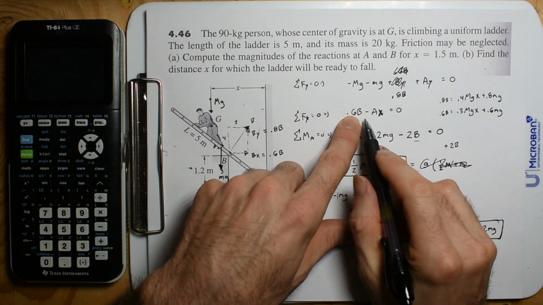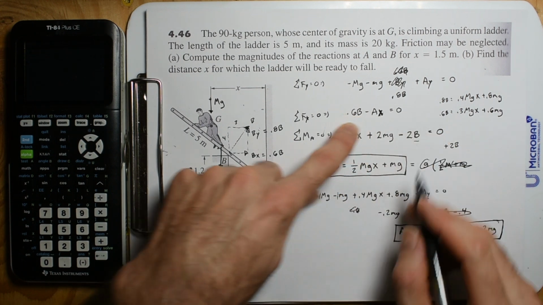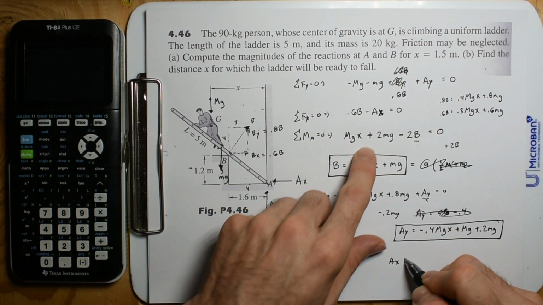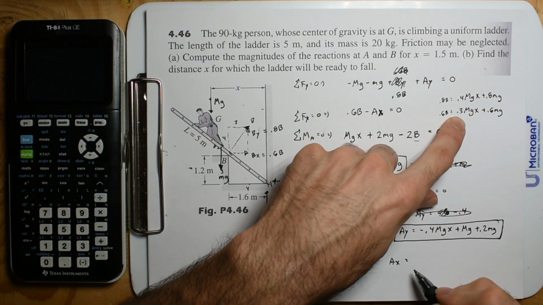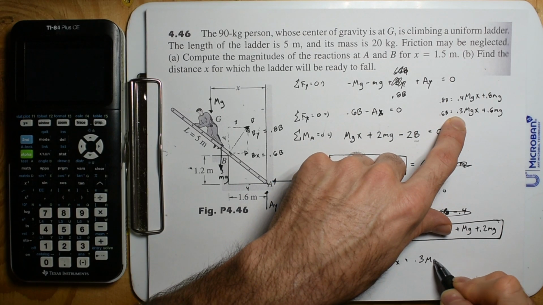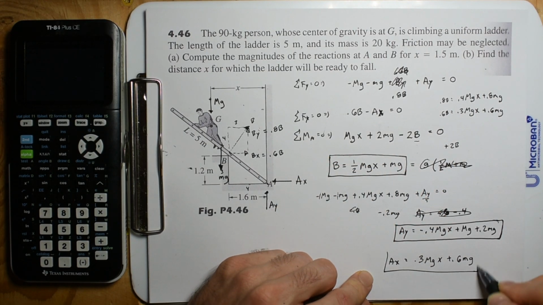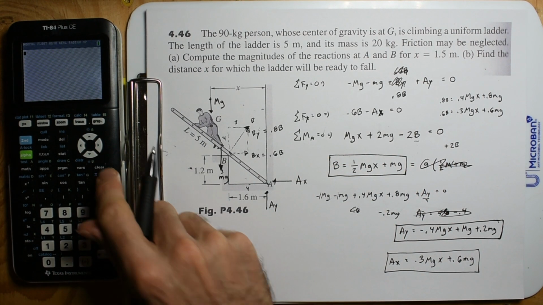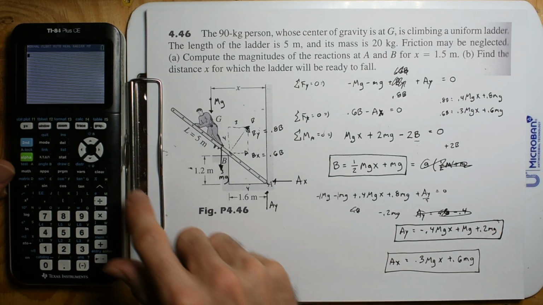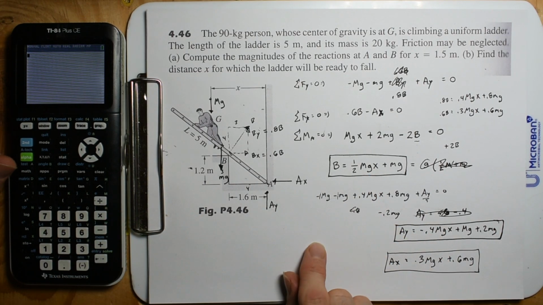And that's what AX is. So bring this to this side, it's 0.3 mgx plus 0.6 mg. All right, sweet. And if we did this right, hopefully, so now we're in our calculator.